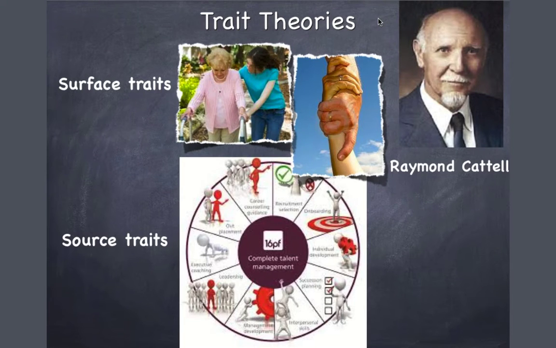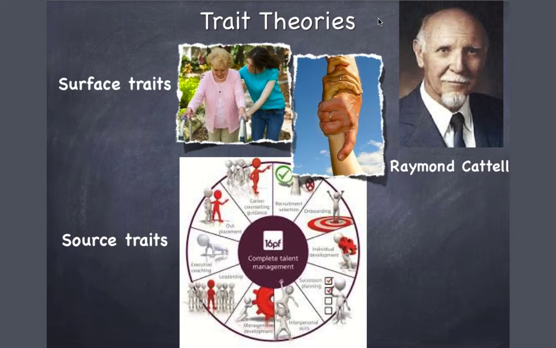Now, another theorist is Raymond Cattell, and his theory was that of surface traits. These are observable qualities of personality. Using observations and questionnaires, certain clusters of surface traits appear together time after time. Things like helpful, honest, and kind, these traits tend to cluster.